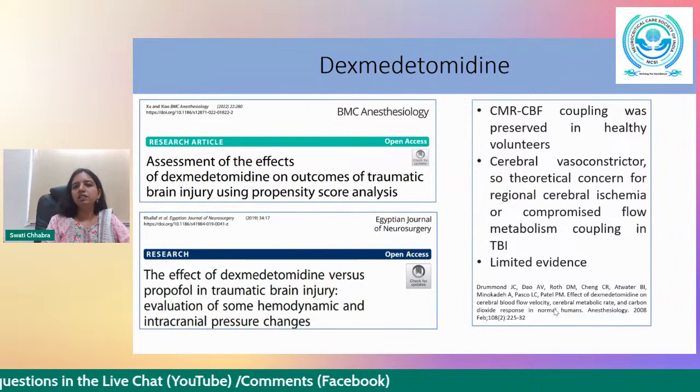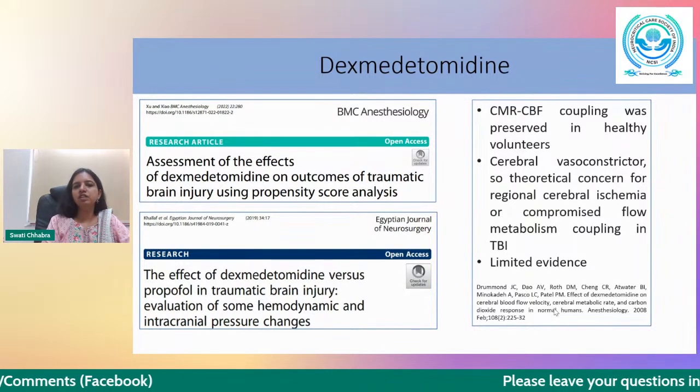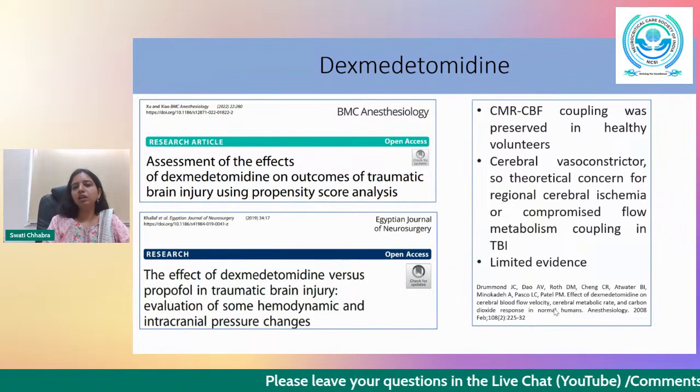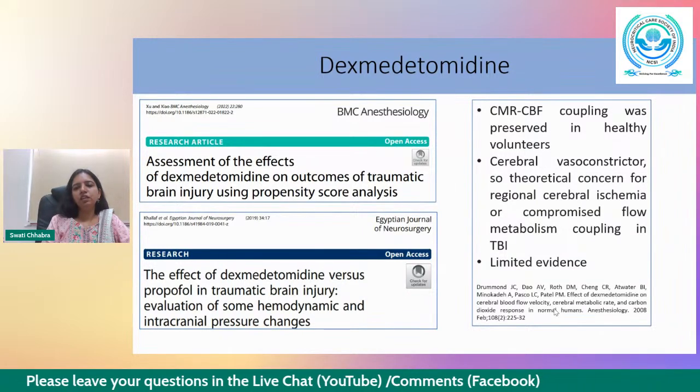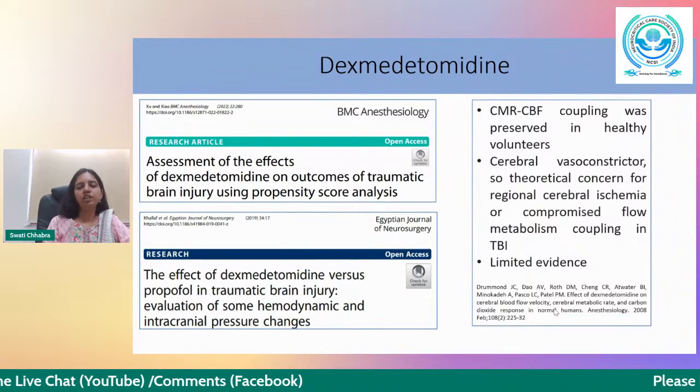But since dexmedetomidine is a cerebral vasoconstrictor, there is a concern for regional cerebral ischemia or compromised flow metabolism coupling in TBI patients. There is limited evidence, but experts say that it can be used as far as the hypotension is appropriately managed.